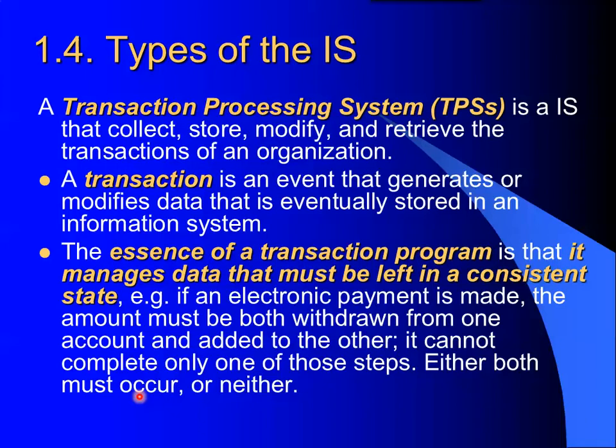It's easiest to imagine through a money transfer. When a payment is made, the amount must be both withdrawn from one account and added to another. The transaction is completed only when both operations are completed successfully.